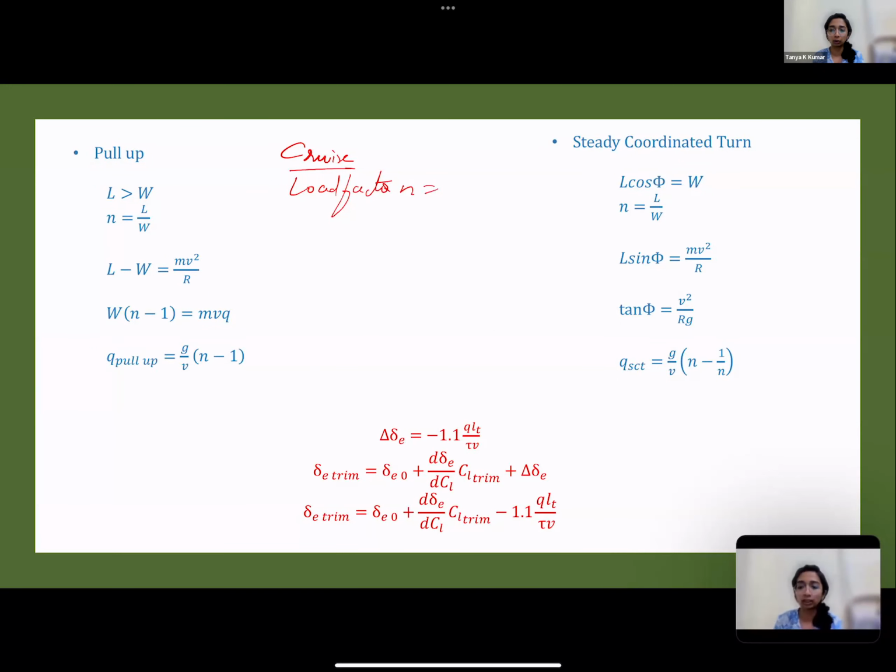For cruise, what is the load factor? Load factor is this N, okay? It's defined by lift upon weight.